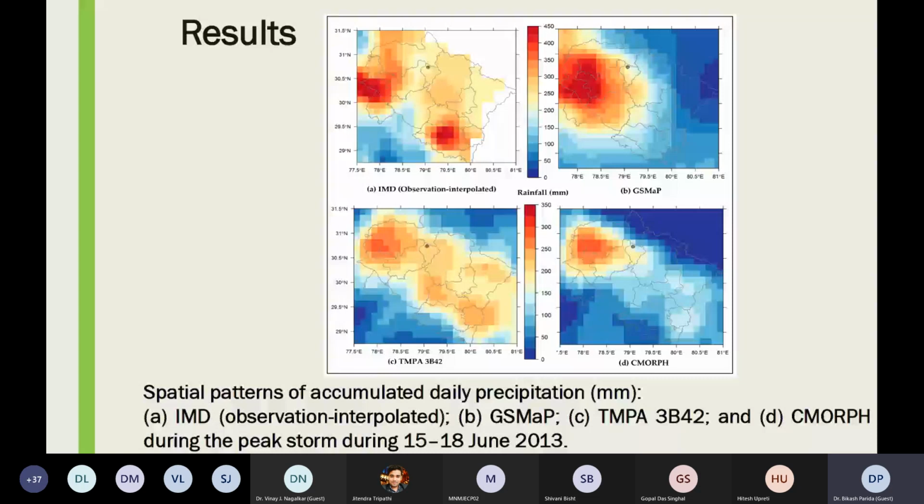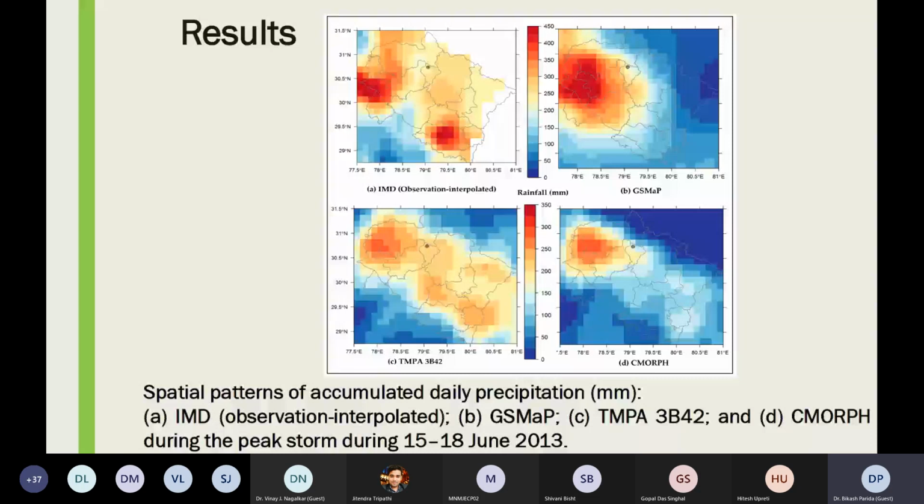And B is another satellite product. You can see GS map is overestimated, because the scales are almost the same over the A and B parts. Over C and D it is comparatively less, the rainfall estimated is lesser than the IMD database.